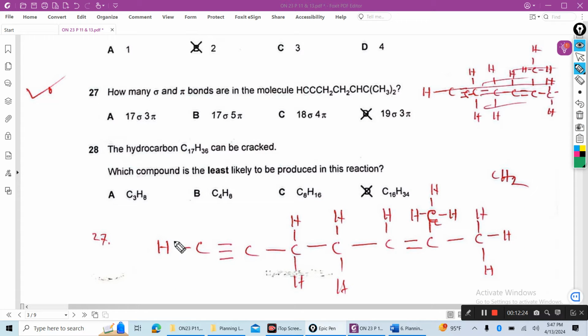sigma bonds. 1, 2, 3, 4, 5, 6, 7, 8, 9, 10, 11, 13, 14, 15, 16, 17, 18, 19. You will get 19 bonds.